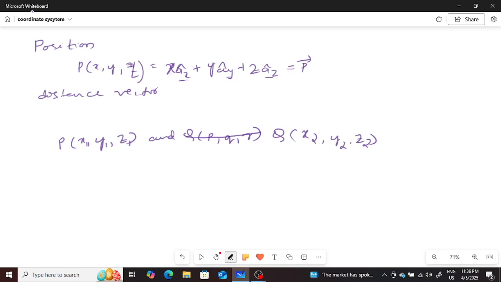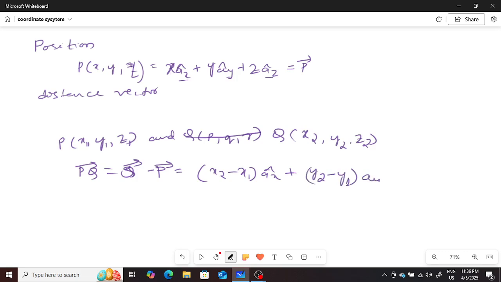So how to write the distance vector PQ? That is nothing but vector Q minus vector P. Directly you can write (x2 minus x1) ax plus (y2 minus y1) ay plus (z2 minus z1) az. Okay, this is the distance vector.